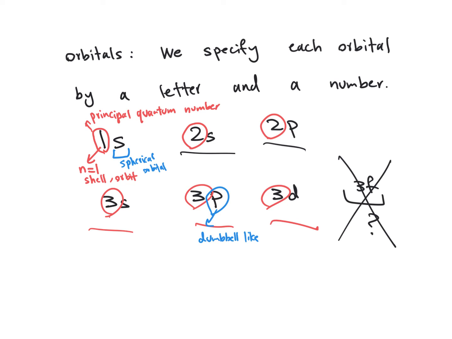So we specify each orbital by a letter and a number. And if I give you this in an exam, and I say the number specifies the shape of the orbital, true or false? False. The number specifies the shell. The letter specifies the shape. Any questions?